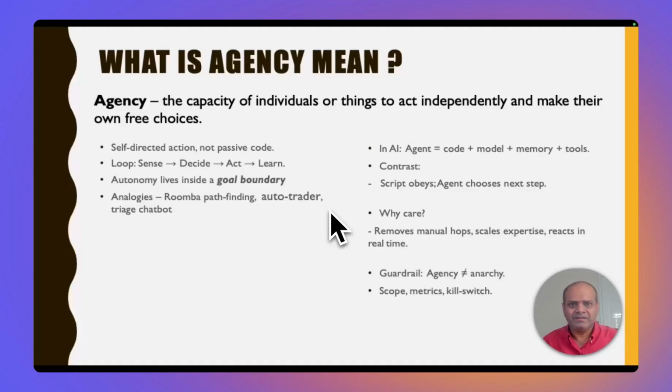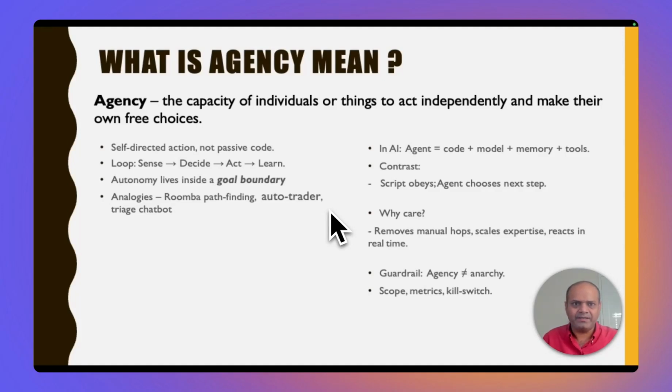So why do we care? It removes manual hops, it scales expertise and reacts in real time. Real time in the sense that it may not be as real time as real-time software, but it's making its own decisions and taking the steps. We'll get through some nuances later.